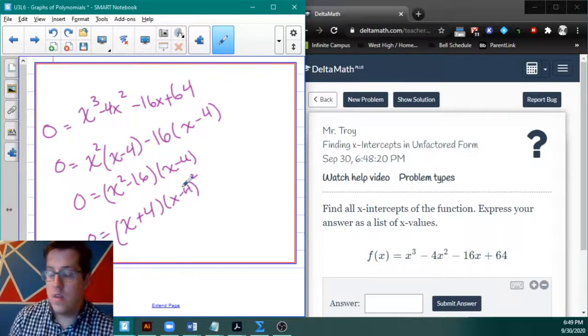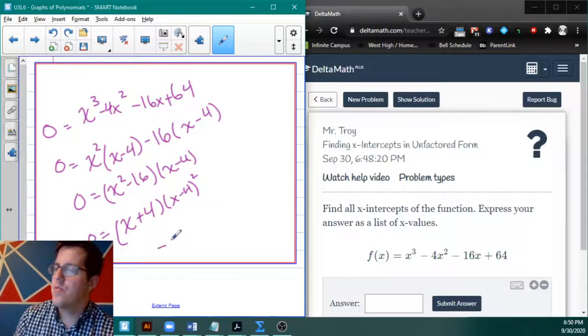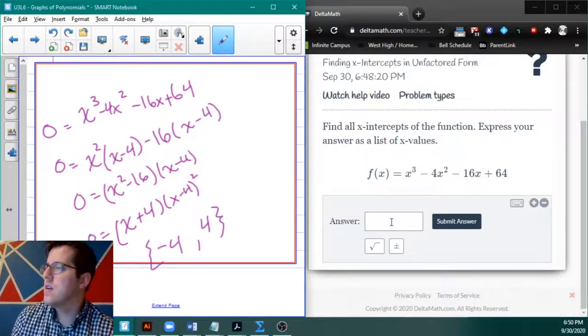So this should have 2 real zeros, negative 4 and positive 4, which should have multiplicity of 2. Let's see if they believe me.